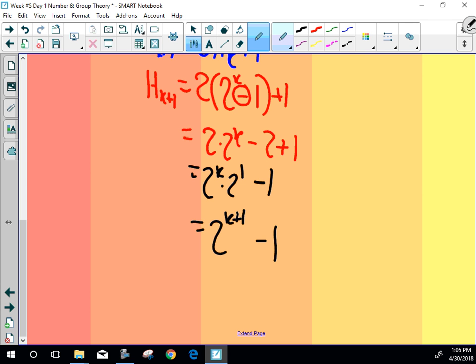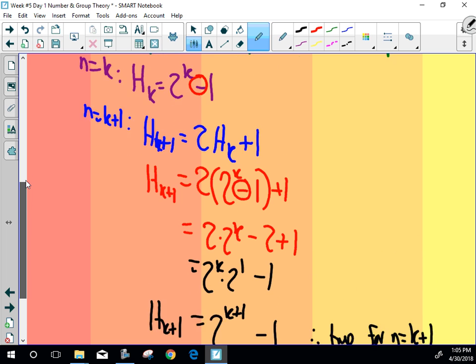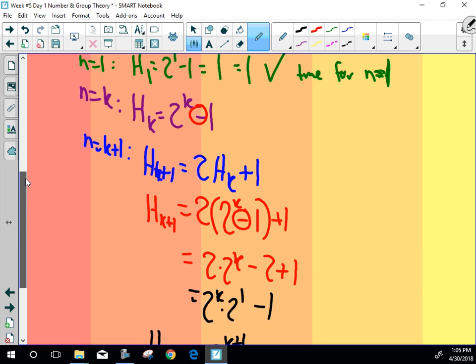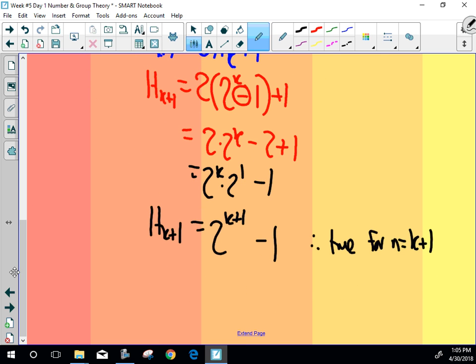Plus 1. That's h of k plus 1, and this is actually true for n equal to k plus 1, because that's just 2 to the k plus 1. Isn't that neat? They use that recursion formula to help generate h of k plus 1.